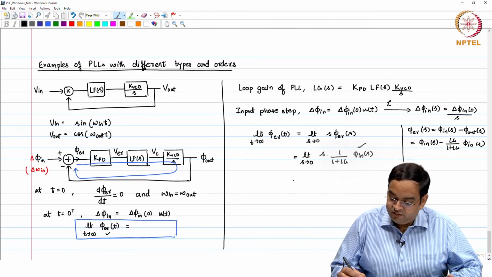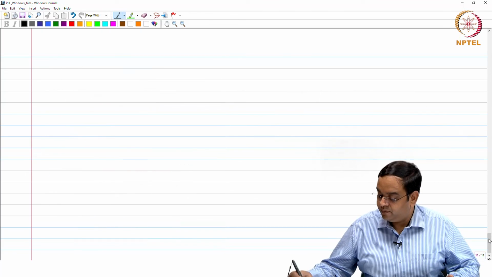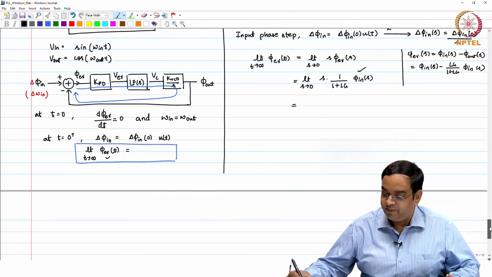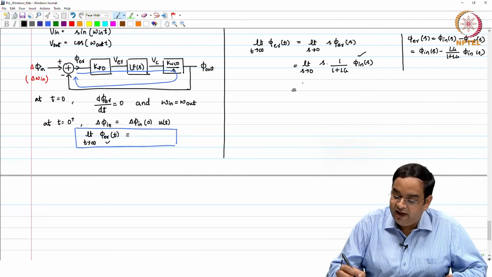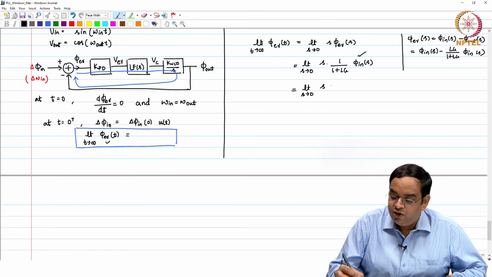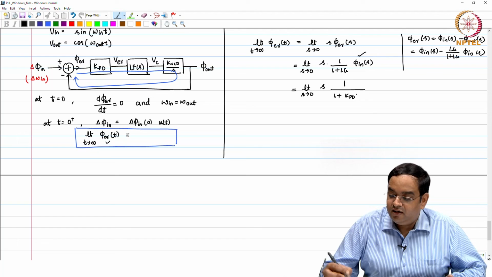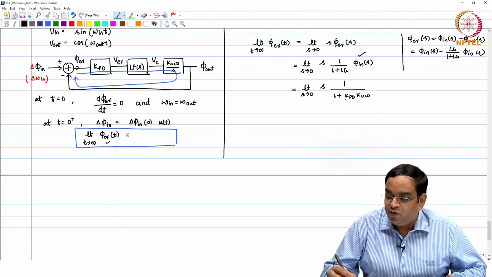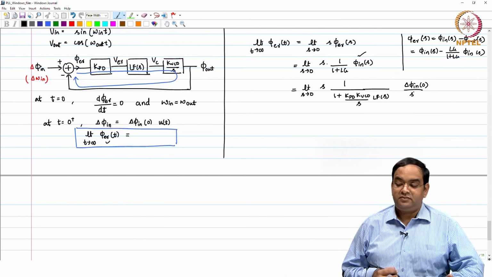Okay. Now, this particular value is equal to the limit S tends to 0 of 1 by 1 plus loop gain. So, your loop gain is Kpd times KVCO over S times loop filter of S, into delta phi in 0 by S. Okay.